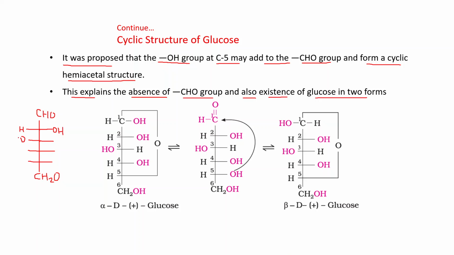On the third carbon atom, remember it: this is first, this is second and third. OH is on the left hand side, and for the fourth, OH is on the right hand side, and fifth again OH is on the right hand side. And this is also CH2OH. This is the open chain structure.